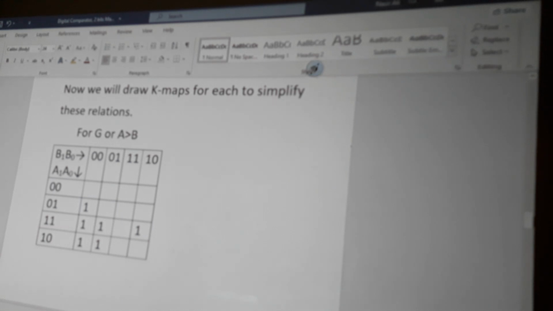We can combine the adjacent squares, and then we can write the simplified relation for G. Similarly, for the relations E and L, we can draw K-maps, and then we will write 1 in the corresponding square of the min term available in the relation, and then we will make groups of the adjacent squares, and then we can write the simplified relation. At last, we will draw its logic diagram.